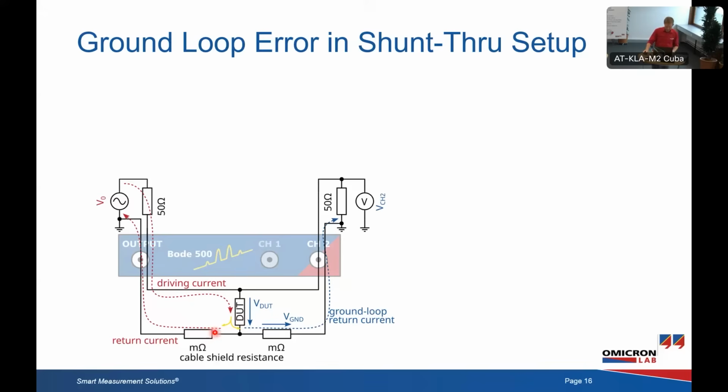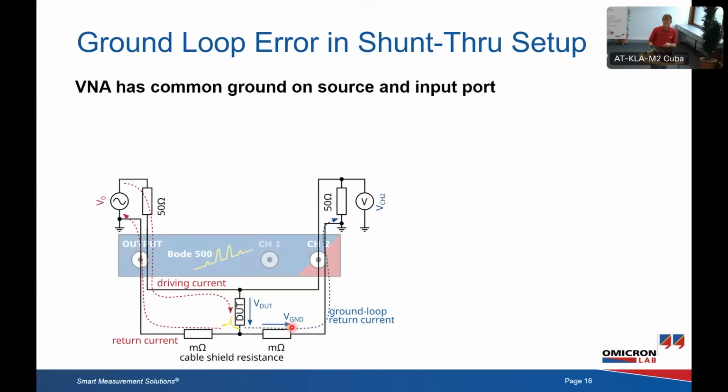And this current that returns to the ground of the receiver causes a voltage drop in the cable shield of the channel 2 connection, and then the voltage that we are measuring at channel 2 is the sum of the voltage drop at the device under test, so that's what we want to measure, plus the voltage drop on the cable shield, and that's what we don't want to measure. So that's a systematic error that is called the ground loop error.